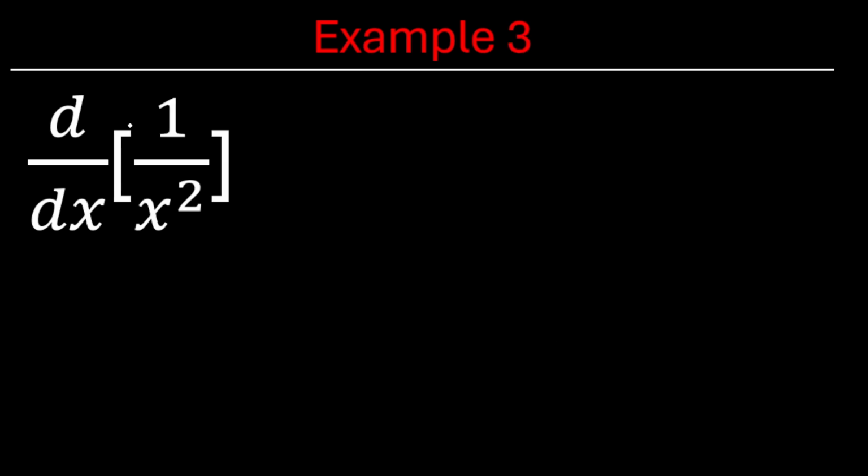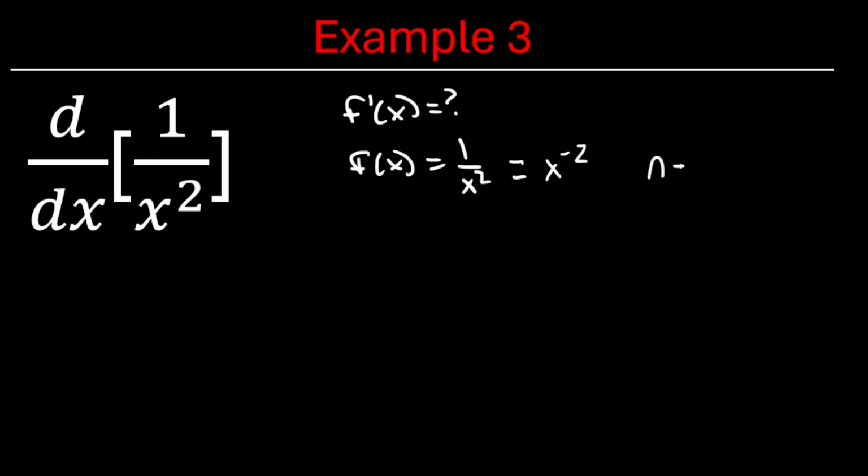Now the last example, d dx of 1 over x squared. Again, solving for f prime of x, we're given f of x as 1 over x squared, which we now know we can represent as x to the minus 2, giving us an n of minus 2.